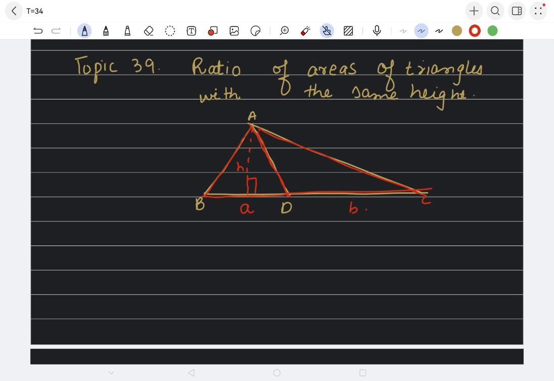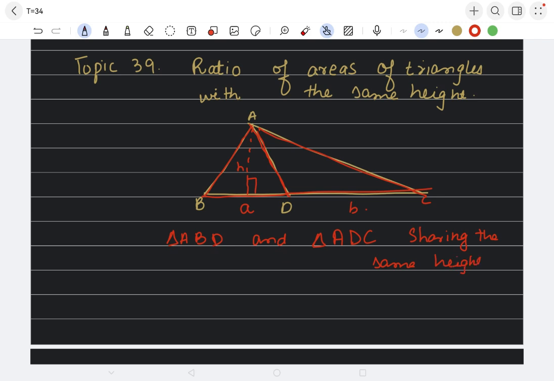So both triangles are sharing the same height. Triangle ABD and triangle ADC, they are sharing the same height.